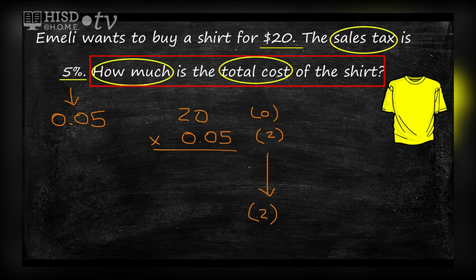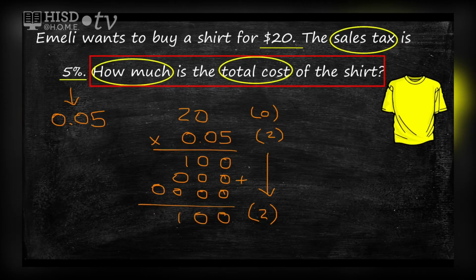So I'm going to start: 5 times 0 is 0, 5 times 2 is 10. I'm going to add a 0 and then 2 zeros because from now on everything is times 0. Now I'm going to add, and this is 0, 0, 1, and any 0 to the left does not count. And then we have 2 spaces. That's going to be equal to $1.